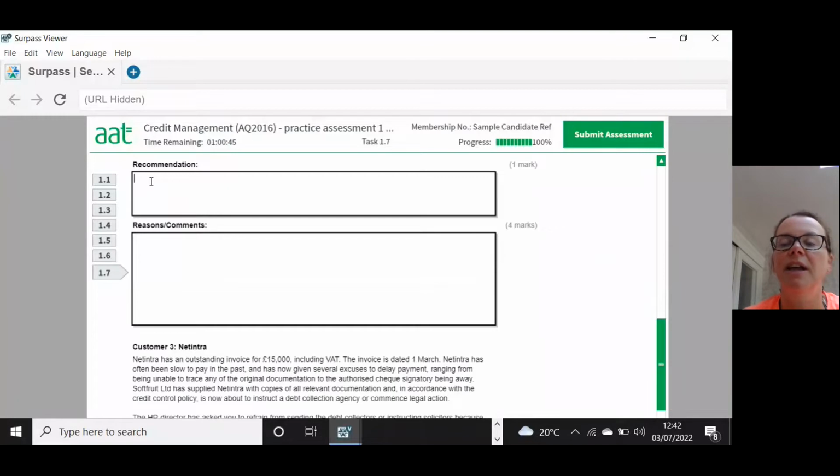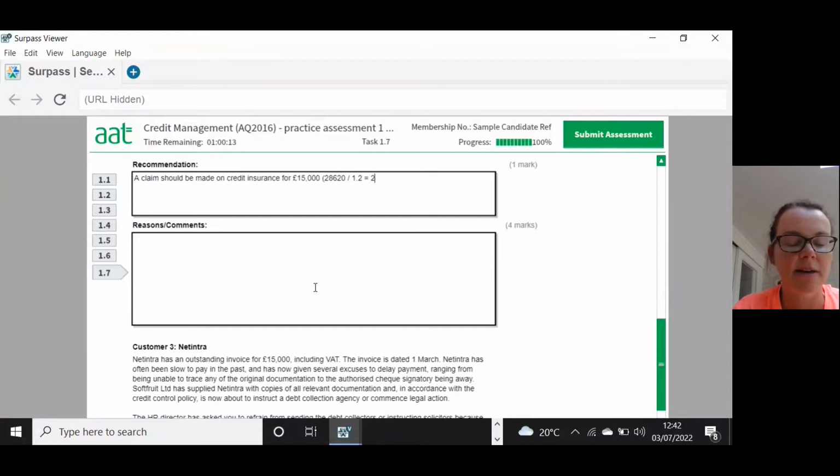I would probably go with the claim on the credit insurance. A claim should be made on credit insurance for 15,000. And then you could show in brackets the calculation. So they had a debt of 28,620.